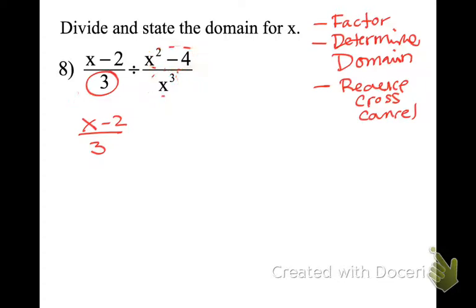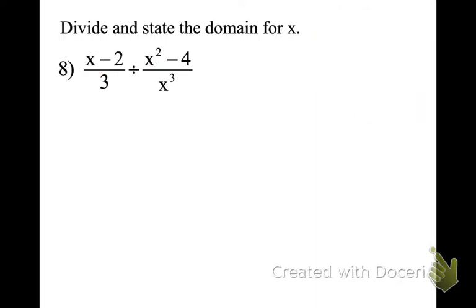So I'm going to factor it. Let's factor it first. What does the numerator factor to? Yes. X plus 2 times the quantity of x minus 2. Well, they multiplied by the reciprocal.